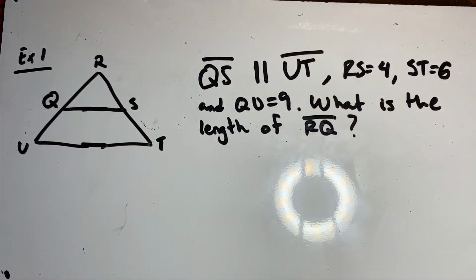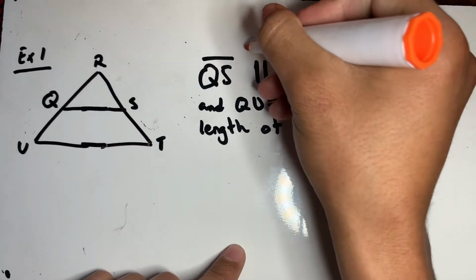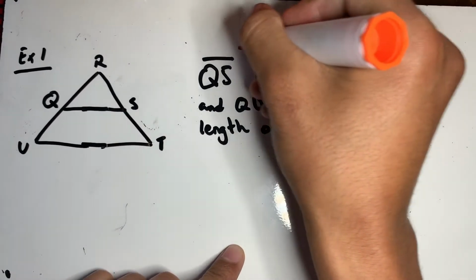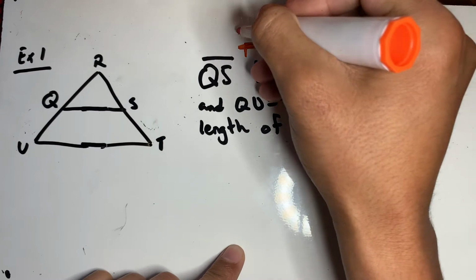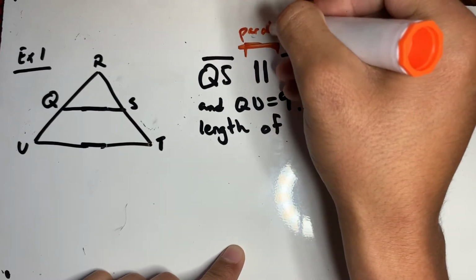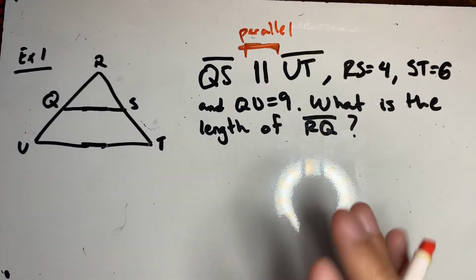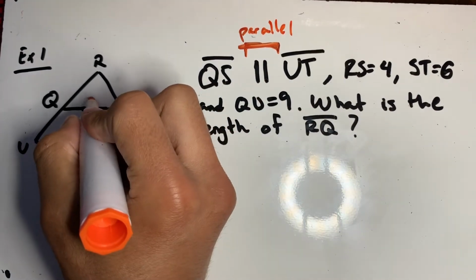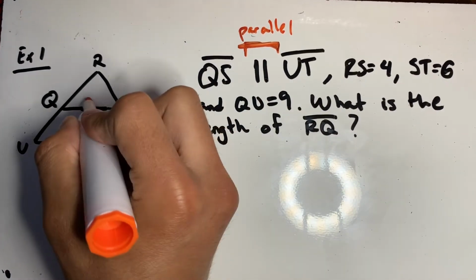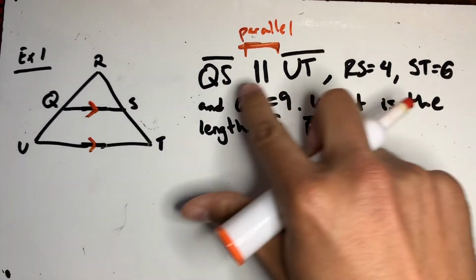So just a small note, this symbol right here means parallel. Parallel lines are two lines that never touch. They stay equidistant the whole way through. So we know this line and this line are parallel because they tell us.